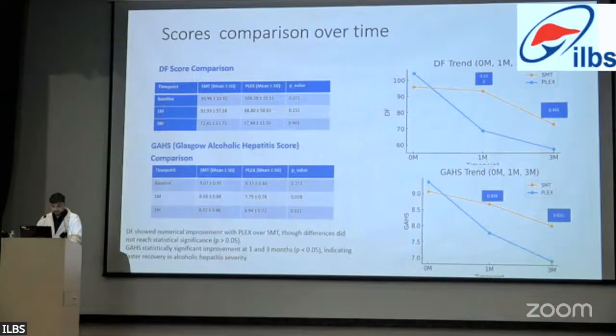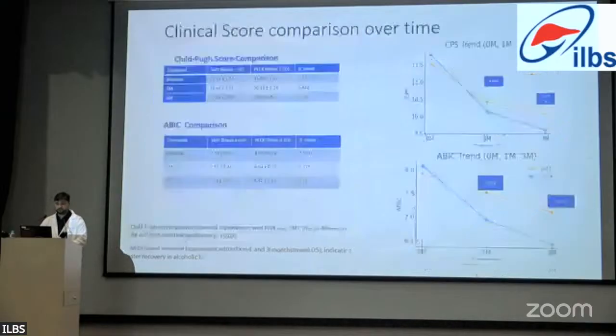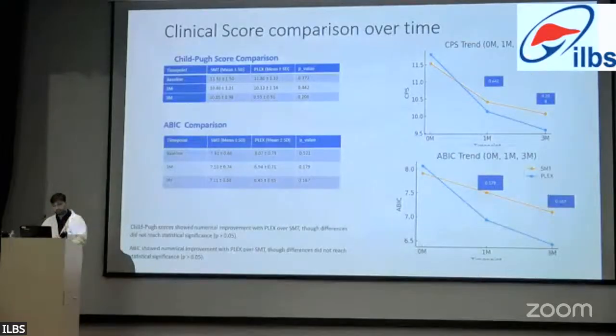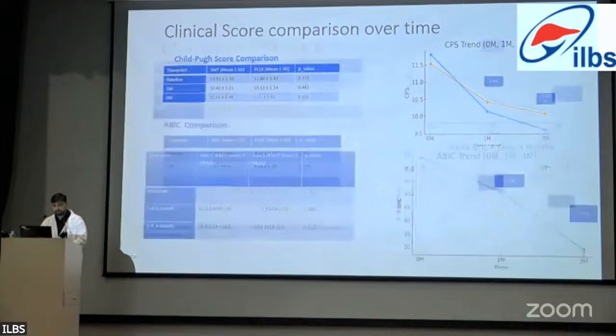In Glasgow alcoholic hepatitis score, in SMT it dropped from 9 to 8, and in plasma exchange it is 9 from 6.9. That was a significant drop seen in plasma exchange group in Glasgow alcoholic hepatitis score. And in Child score in SMT, it was from 11 to 10, and in plasma exchange group from 11 to 9.5, but no significant difference was seen, and the same trend was also in the ABIC score.